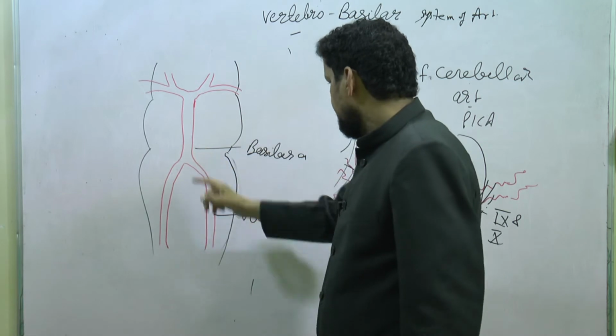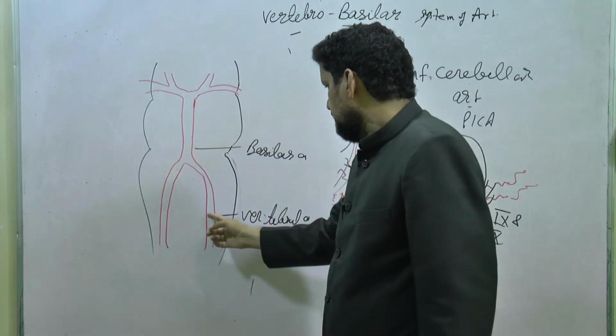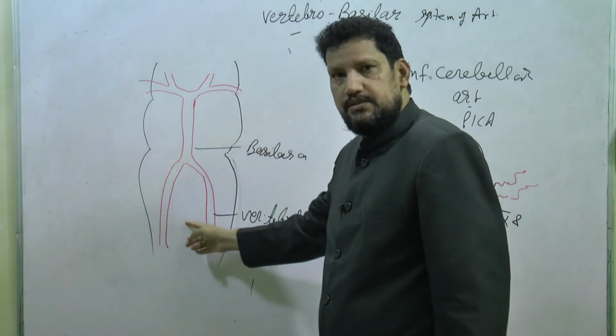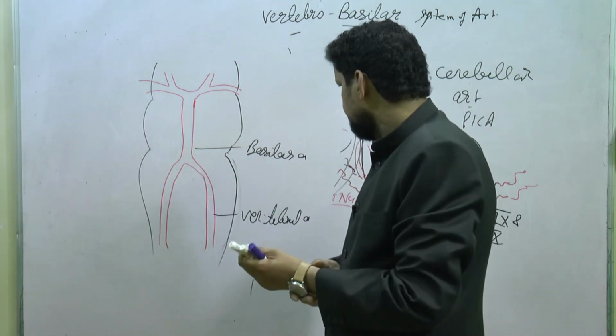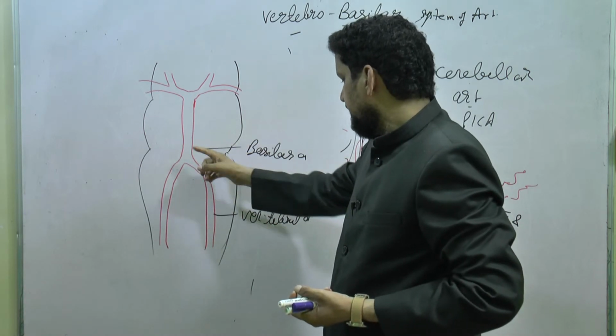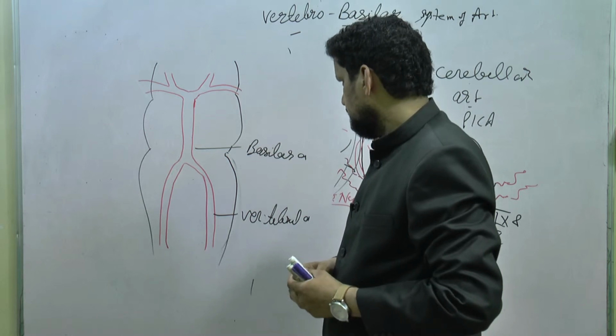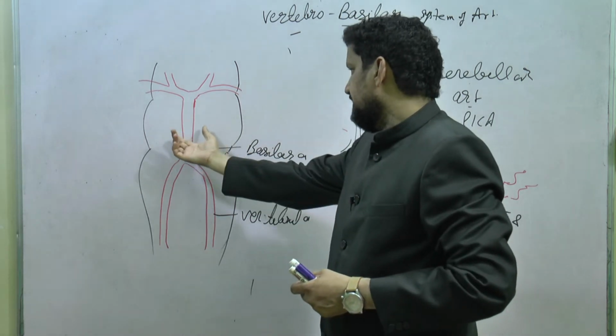The basilar artery is formed by the convergence and anastomosis of the two vertebral arteries, and it runs in the anterior median sulcus of the pons in the pontine cistern.